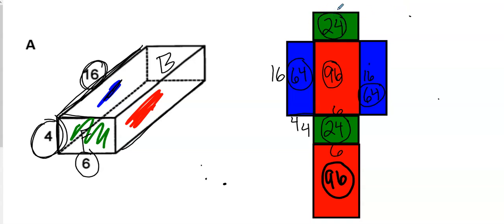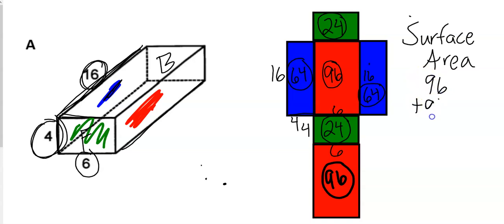Okay, and just like we saw in the interactive that you guys were working with, what you're going to do is you're going to add up all these numbers. So you're just going to find the surface area by adding all the numbers together. So we could take our top and our bottom, 96 plus 96, and then add that to our sides, 64 plus 64.